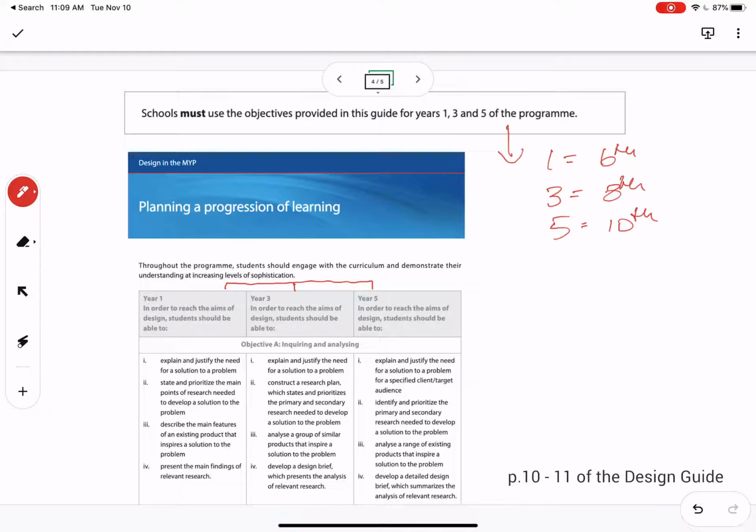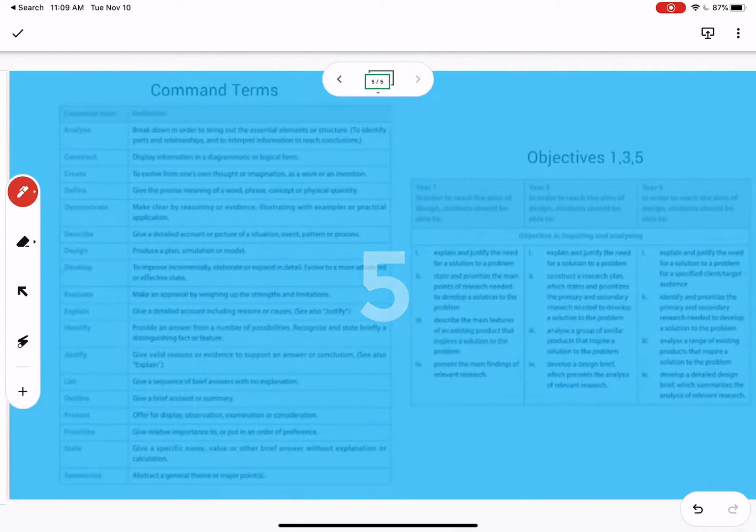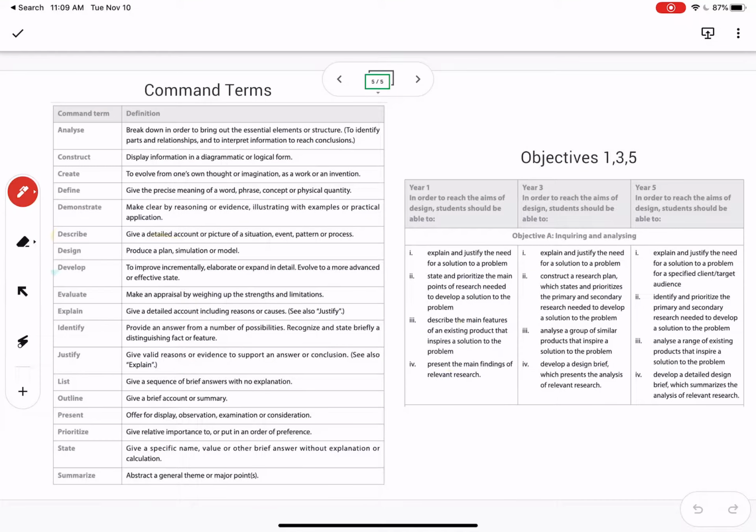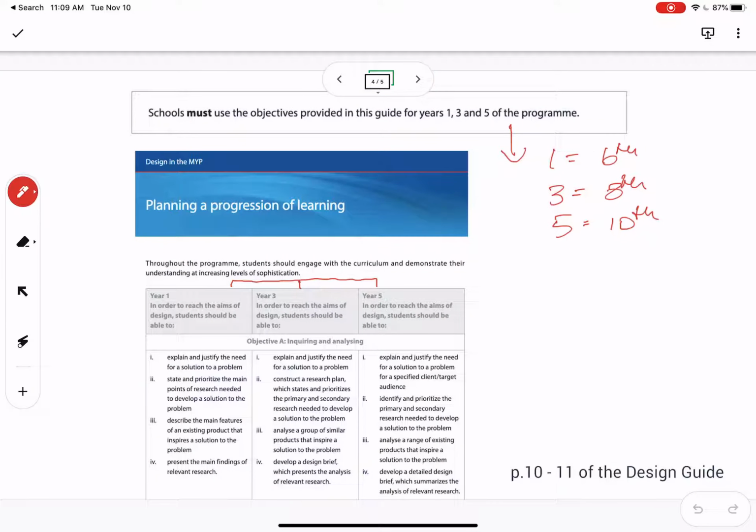And these align with the command terms on the next page. These are the command terms. We'll talk about how they align with these objectives in just a second. Each one of these objectives is articulated for year 1, which is 6th grade, year 3, which is 8th grade, and year 5, which is 10th grade of the programme.